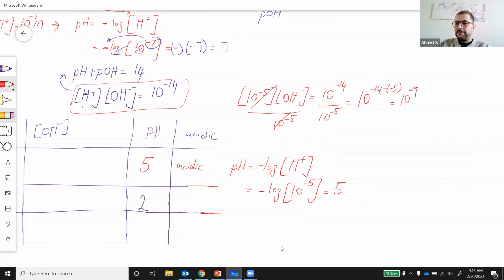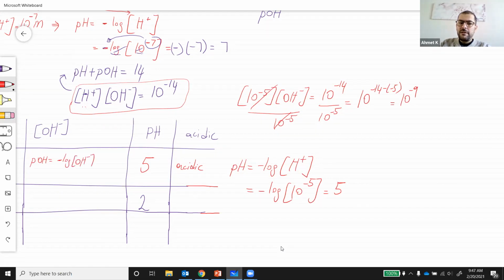Everybody's following, right? Yes. Okay. Now if I'm asking the pOH, the definition is the same thing: you get the negative log of the OH concentration.